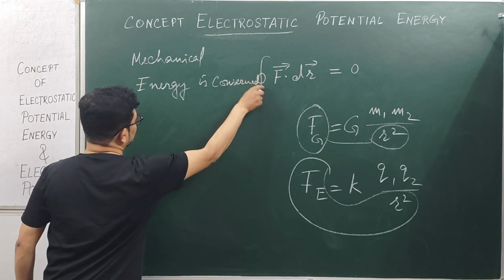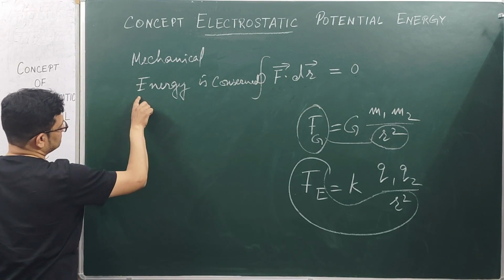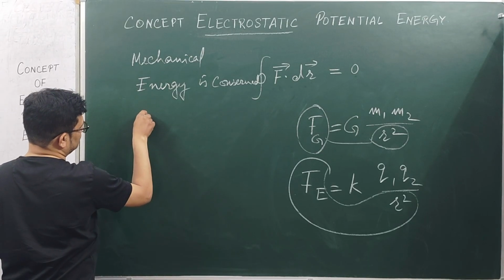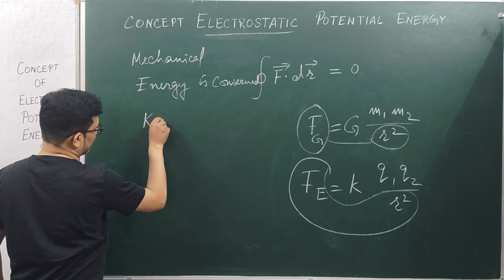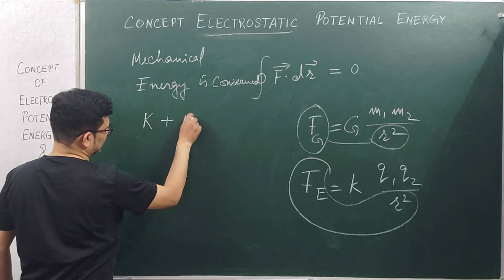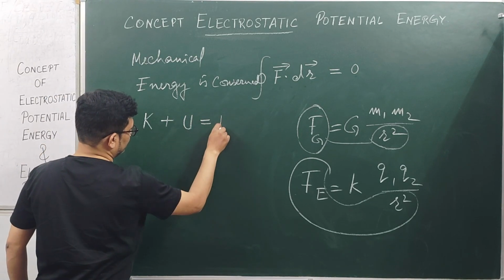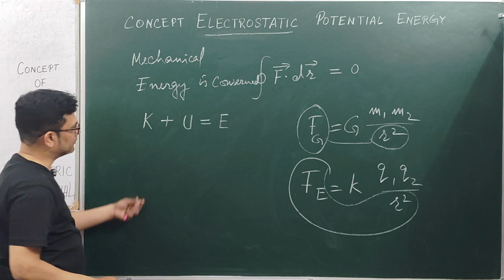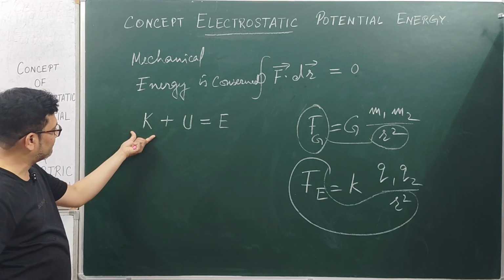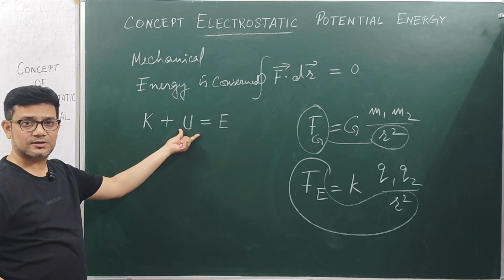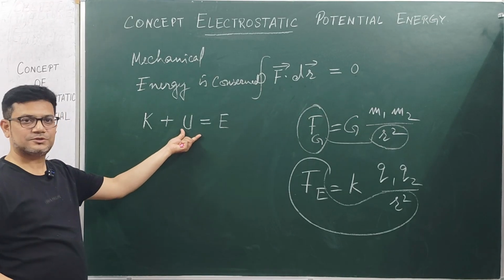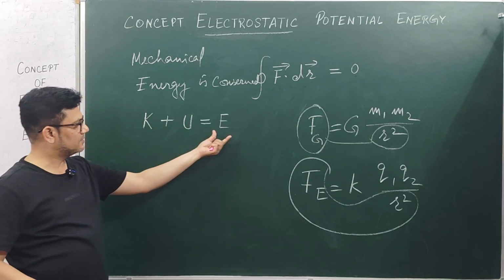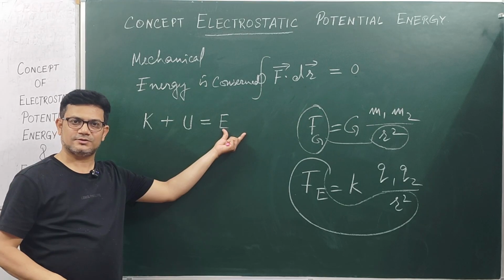So that essentially means that this mechanical energy is the sum of kinetic energy and potential energy. If you want to express it in an equation, we can write the sum of kinetic and potential energy, and the general notation used for the energy is E.